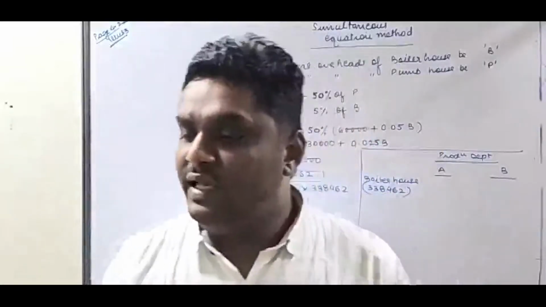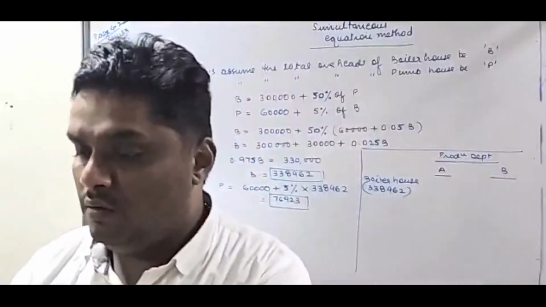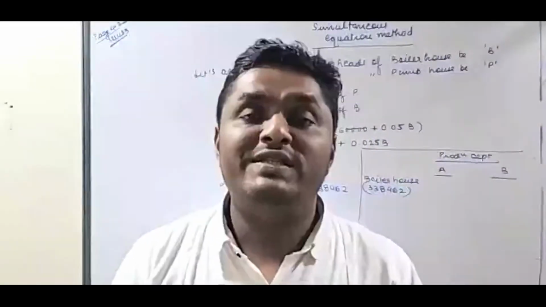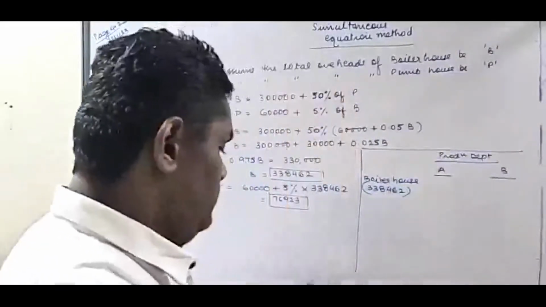So of this 338,462, 5% has already gone to pump house. So we are left with 60% and 35%.